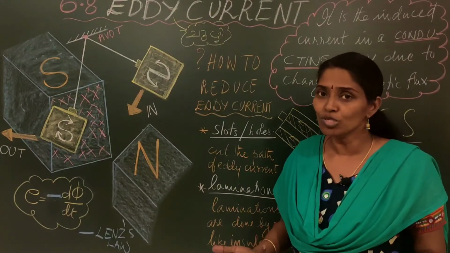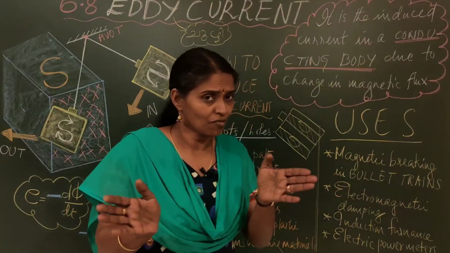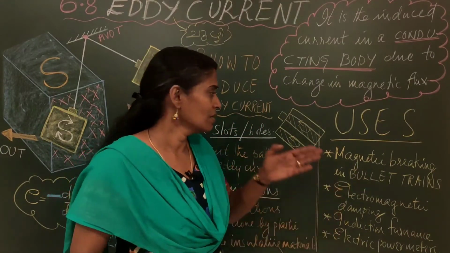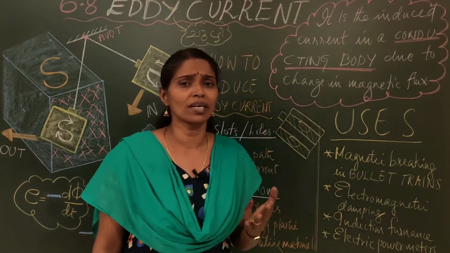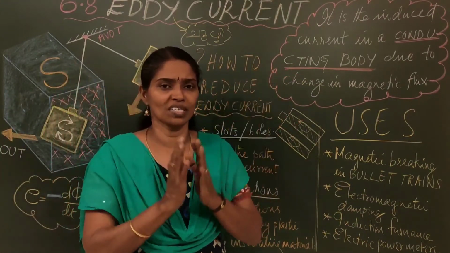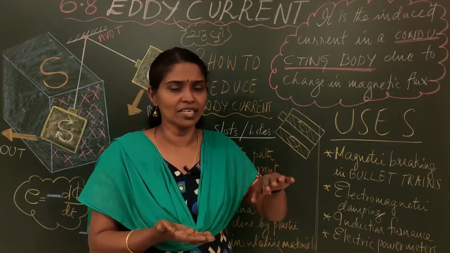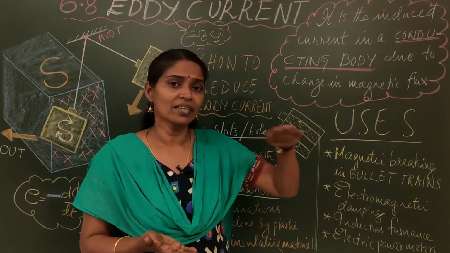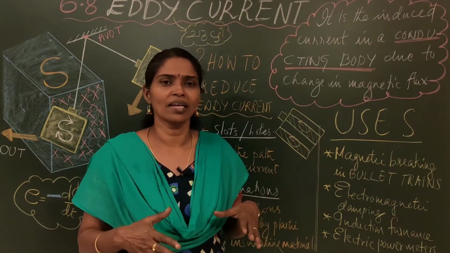But is there any use? Definitely. The fast damping or sudden damping results in magnetic braking in bullet trains. What are bullet trains? Fast moving trains. So there you have a pair of magnets in between the track and the wheel. So no wear and tear, nothing, no mechanical energy loss.